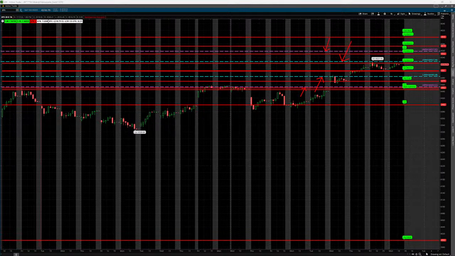Let me point out some Spotgamma levels now. The first is the put wall, and note this level did move down pretty significantly from 4,200 on Friday to 4,000 today. So it was not in range on Friday at 4,200, and definitely not in range today. That is Spotgamma's proprietary level.